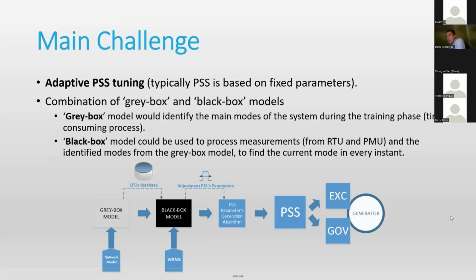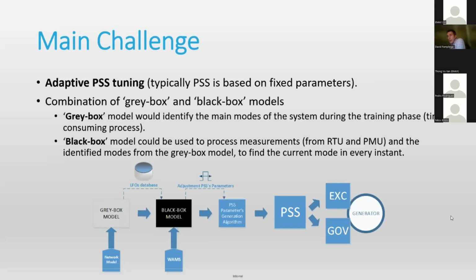So normally the operator of the PSS will be able to change the parameters, but they will do that in a manual way based on their know-how or experience in operating PSS and so on. But it will not be a real-time application. In this case, we are targeting to obtain an adaptive PSS tuning that will be updated in real time based on the conditions of the grid.